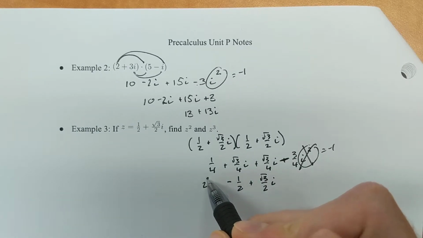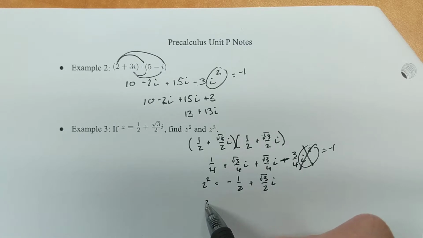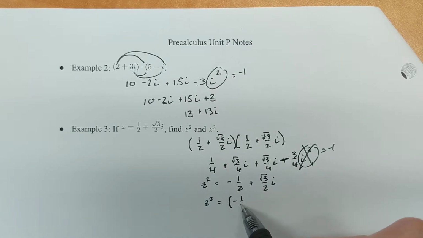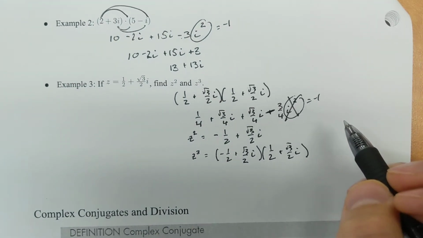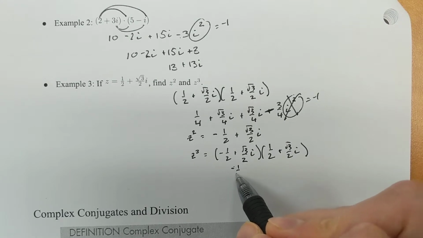So there's z squared. To get z cubed, I'm going to take my answer to z squared and just multiply by another z, and repeat the process, because z cubed is z squared times z. So firsts are negative 1/4.